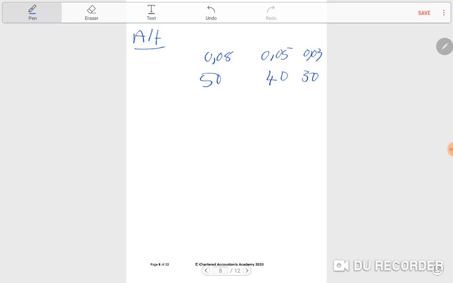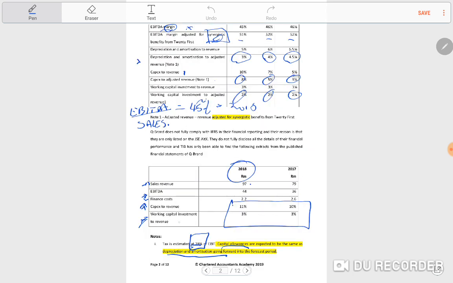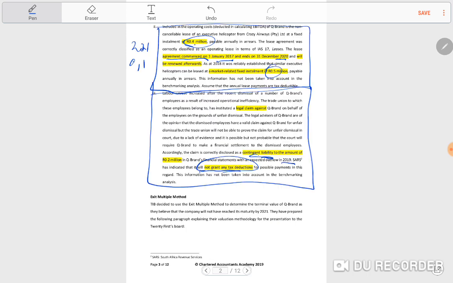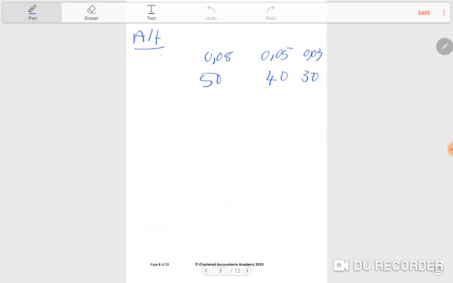And then for 2018 we had 11%. So let's just adjust that on our alternative calculation. So this is 2018, 19, 20, and 2021. So we said we have 0.1 here. So for example, maybe we had 60.